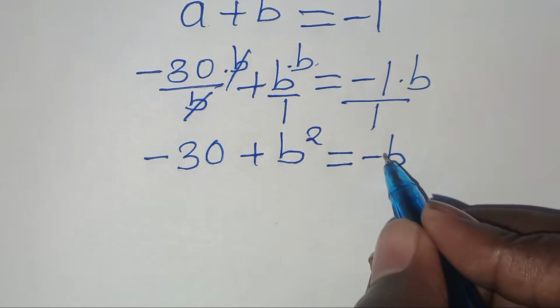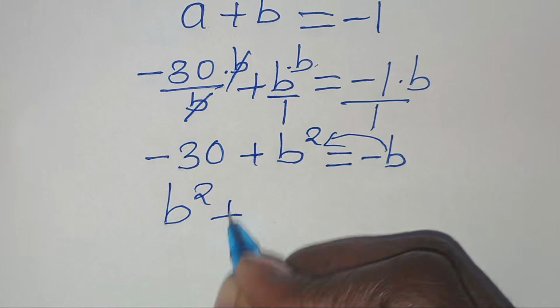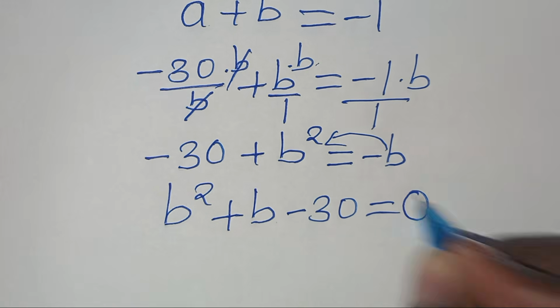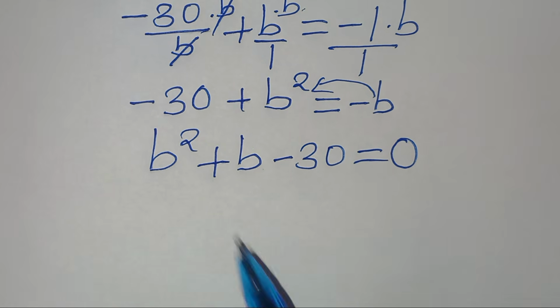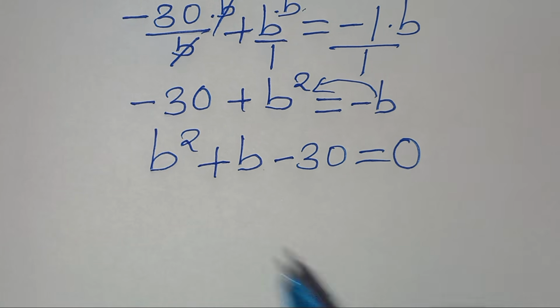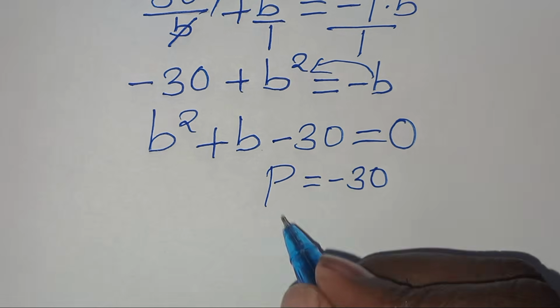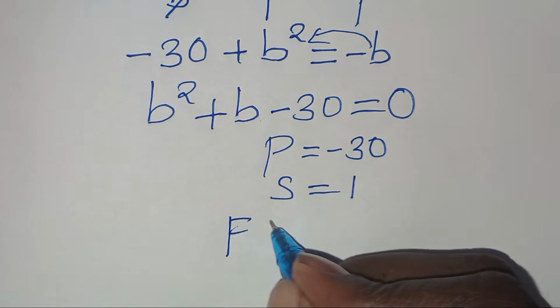Now let's take negative b to the left-hand side, so that we have b to the power of 2 plus b minus 30 equal to 0. Now, this is a quadratic equation. We can solve this quadratic equation by the factorization method. From here, the product is negative 30 and the sum is 1, so we can identify two factors.